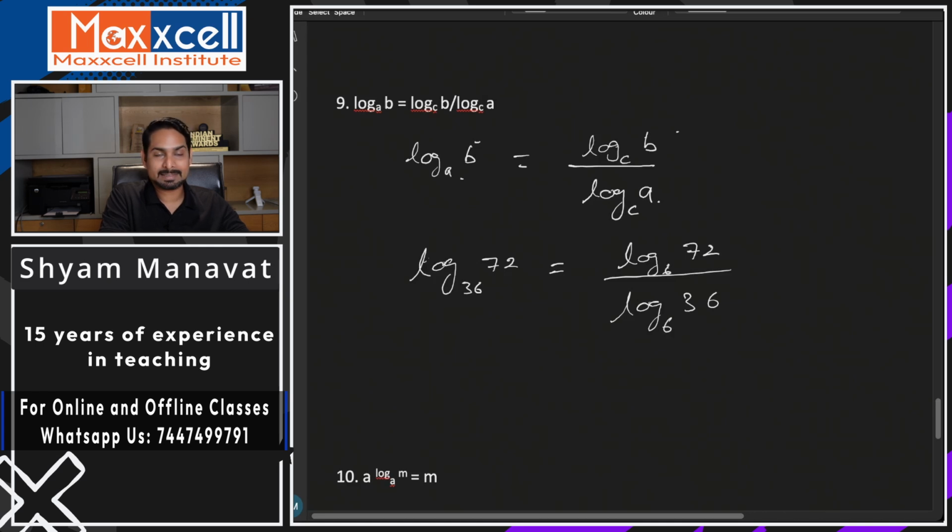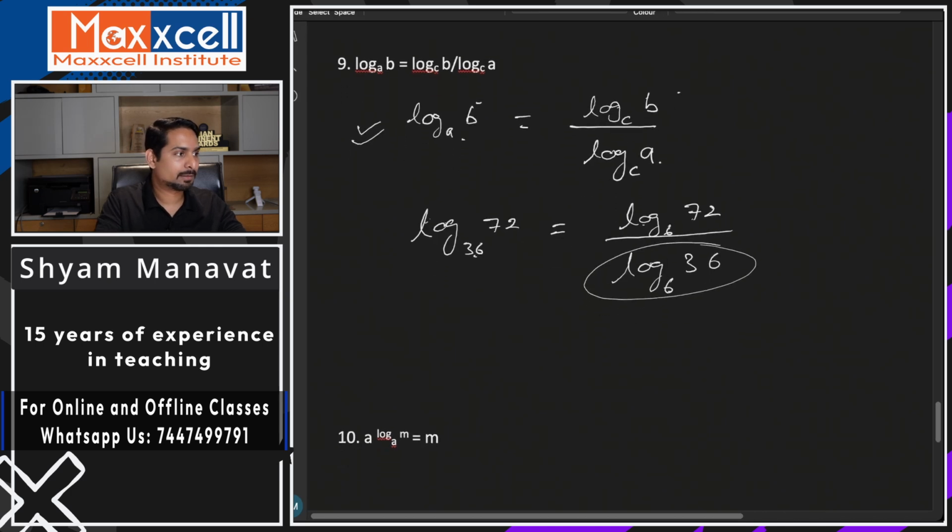That will be easy because 6 square is 36, so I can write this as 2 directly, and 72 as 36 into 2, and further simplification is possible. So if I want any other base than what is given in the question, I can use this property.